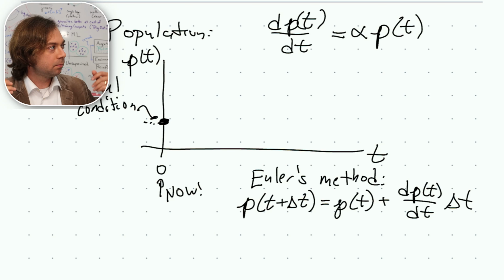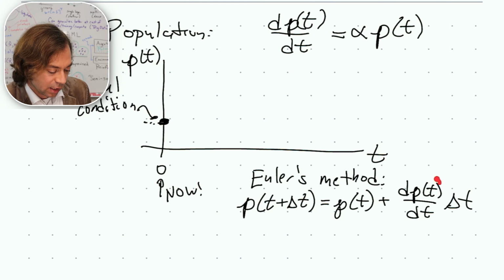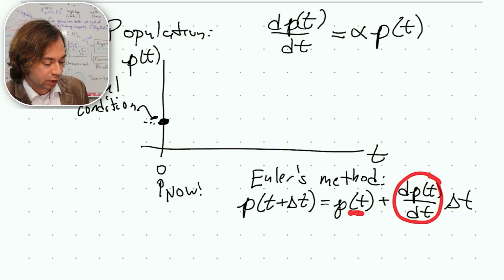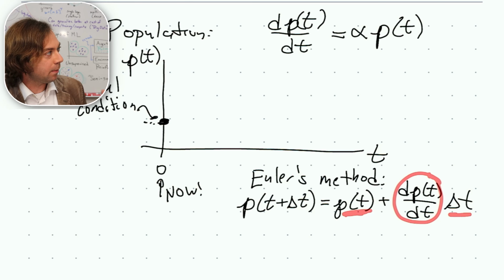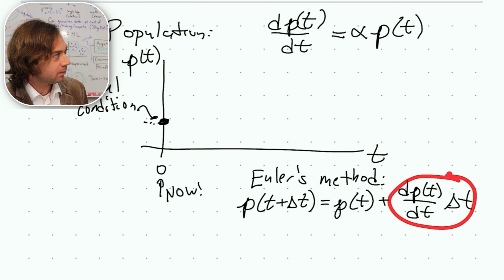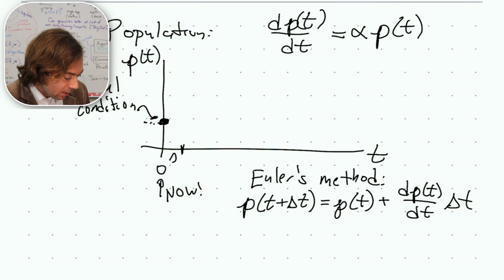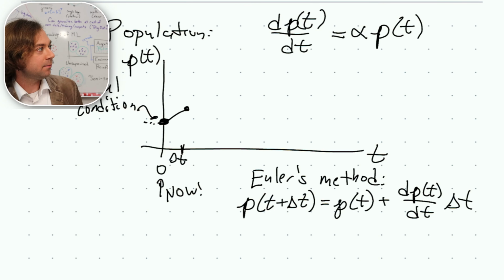These are proliferating rats, okay? That means that this is going to be some positive number proportional to the current population. And you multiply it by some delta t. So this is all going to be some positive number, right? So after some tiny period of time, delta t, it's going to go whoop, like that, up a little bit, right?